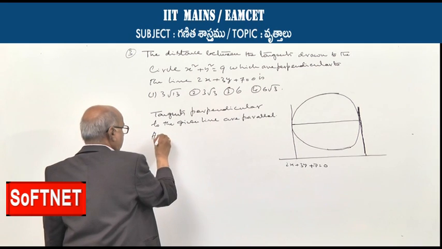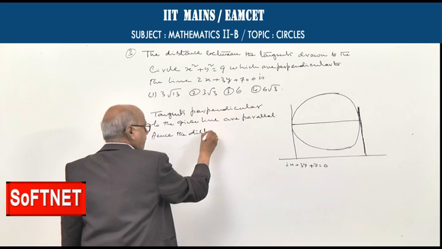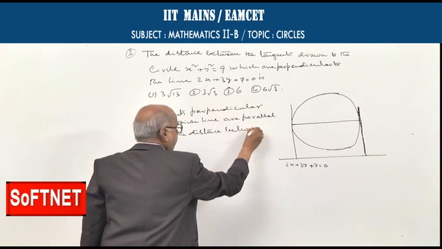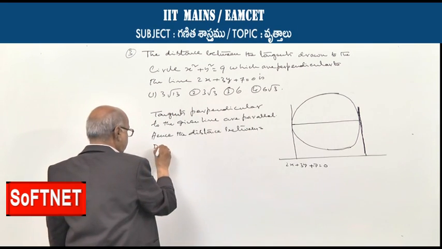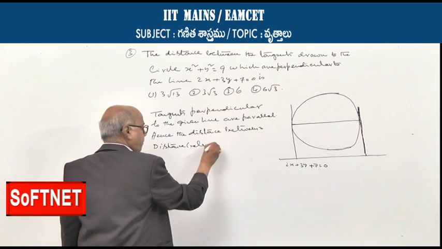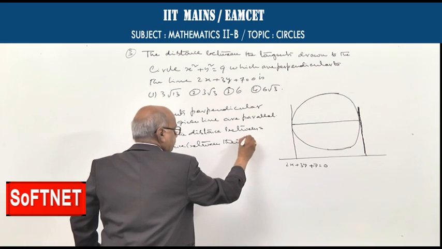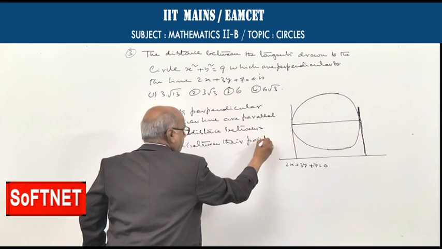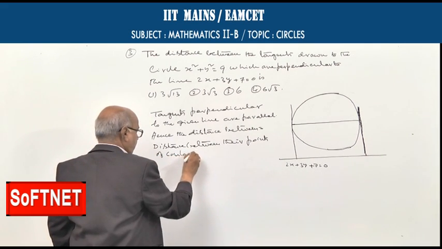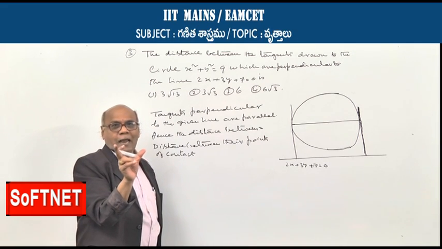Hence, the distance between them is equal to the distance between their points of contact. Distance between their points of contact means that line is nothing but a diameter.